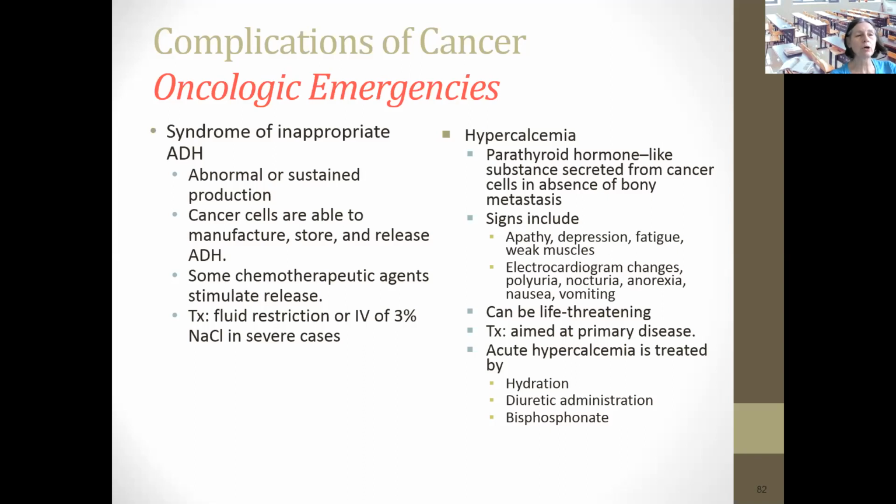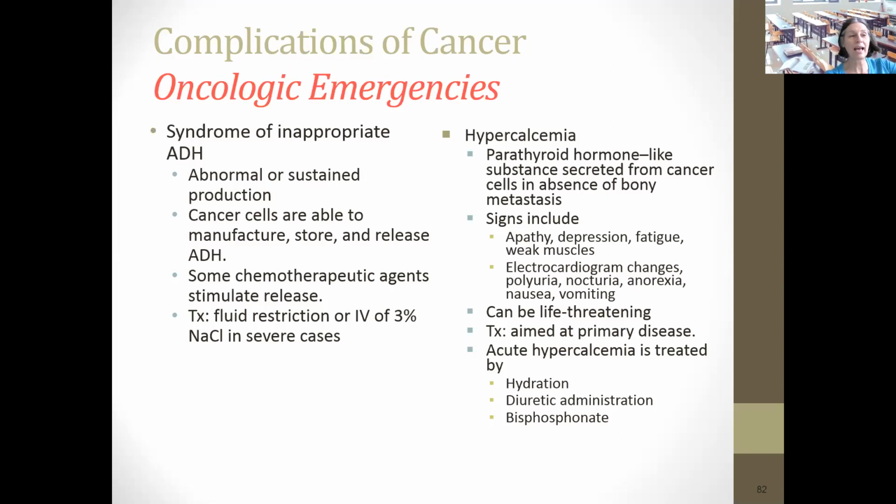Hypercalcemia. Some hormones, like the ADH hormone, are produced by some tumors. Parathyroid hormone, PTH, can be secreted by some tumors also, often osteosarcomas, bone cancers. So if they produce parathyroid hormone, it's going to make our calcium levels increase.